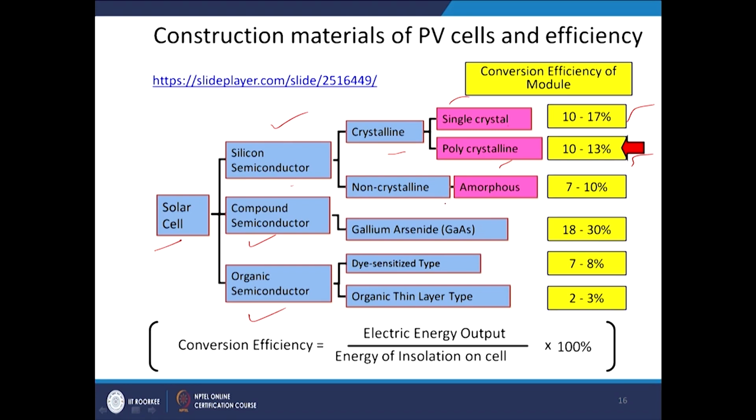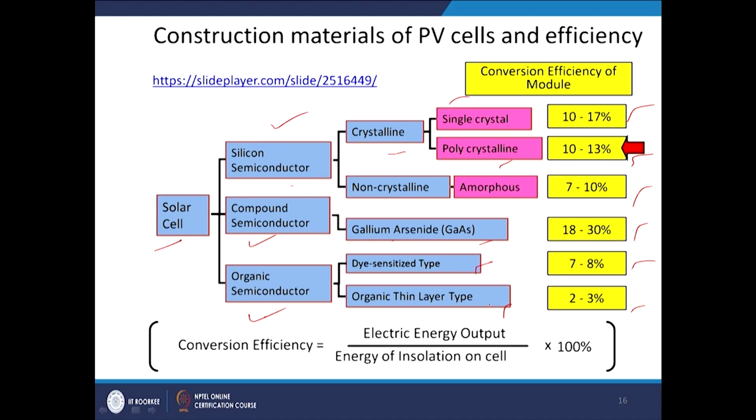Non crystalline is 7 to 10%, and the compound semiconductor, gallium arsenide, has 18 to 30% conversion efficiency. Organic semiconductor, the dye sensitized type, is 7 to 8%, and the organic thin layer type 2 to 3%.